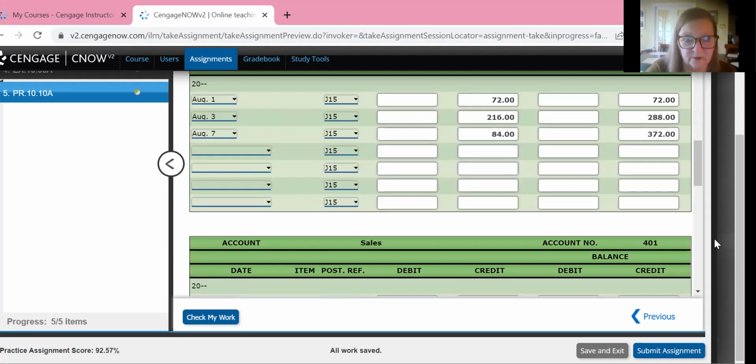And then the sales tax for that day, August 18th. No, it's August 11th. 7,680. $448.80.